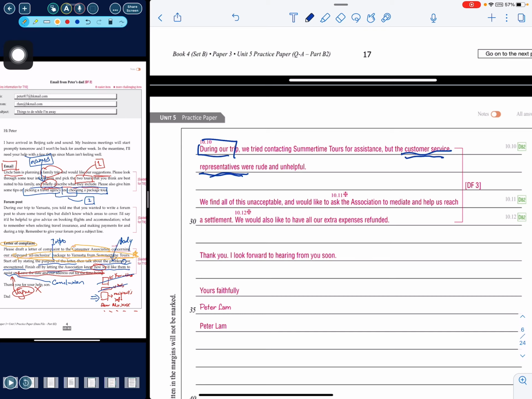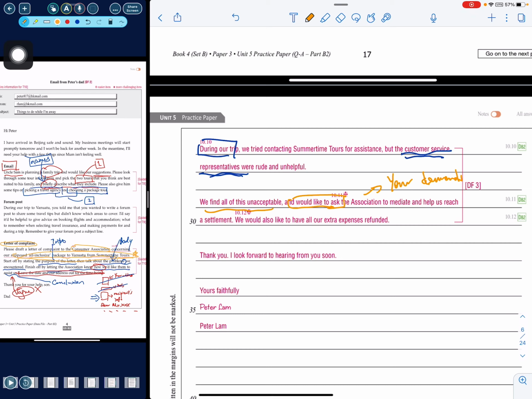And then finally it comes to your demands. Right here at this part, you have to state your demands very clearly. Your demands are: we find all these unacceptable and would like to ask the association to mediate and help us reach a settlement. Remember, you are not writing to Summertime Tours.